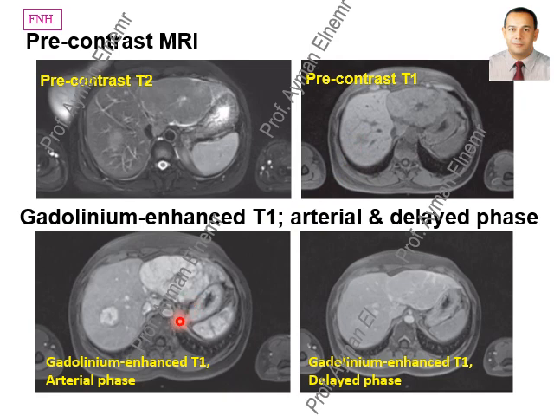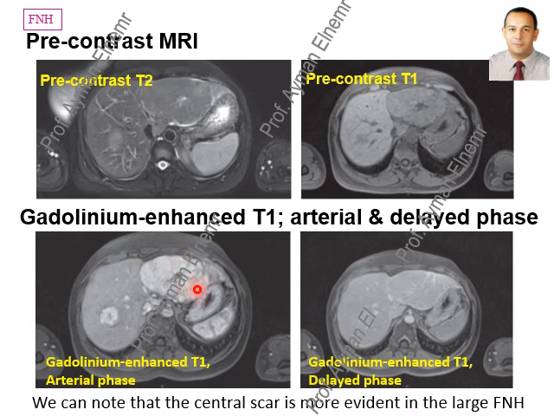Gadolinium enhanced T1 weighted MRI images obtained at the arterial and delayed phases show strong homogeneous enhancement of the lesions with progressive fading in the last photo.